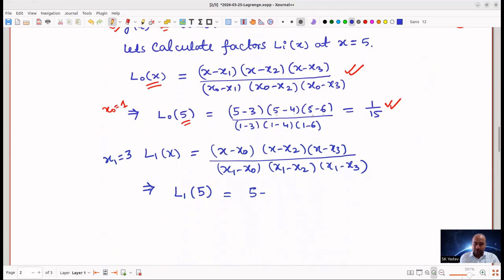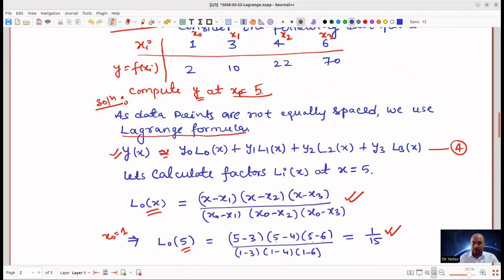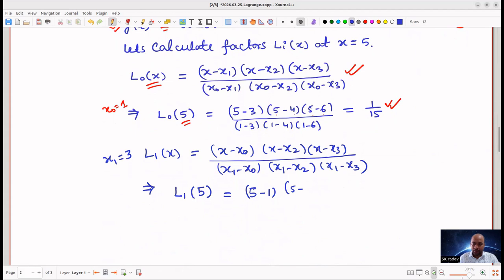So we write 5 minus 1, then 5 minus x2, which is 4, and 5 minus x3, which is 6. And in the denominator, we write 3 minus 1, then 3 minus 4, and then 3 minus 6. Which gives you minus 2 by 3 on simplification.